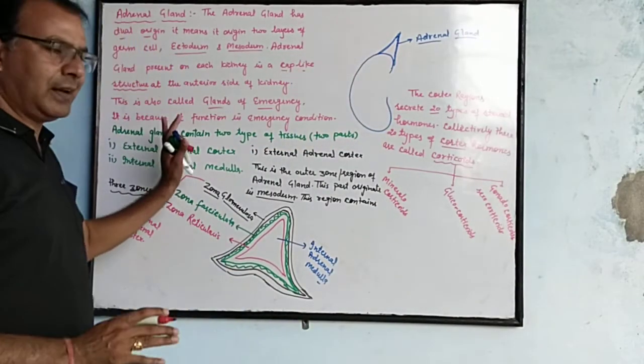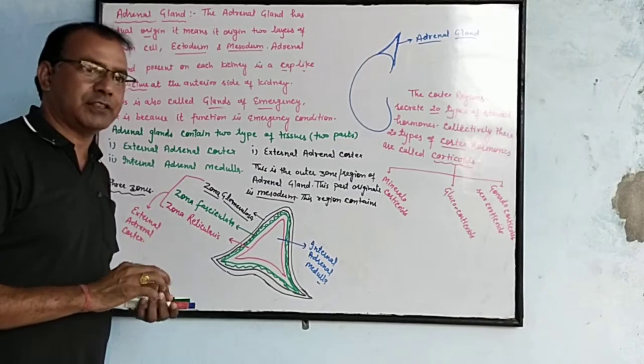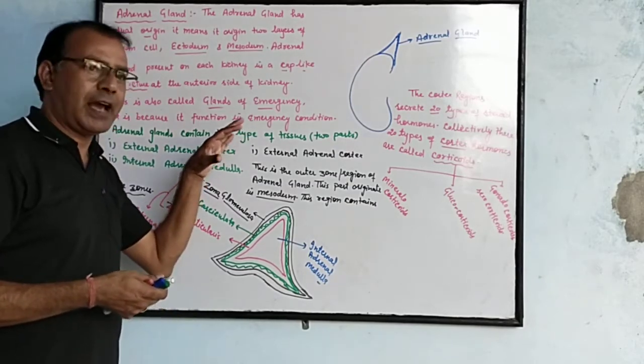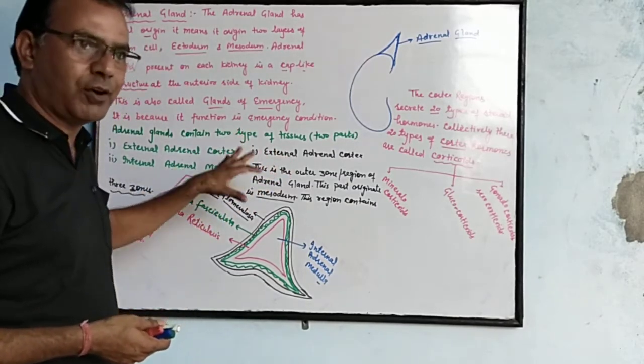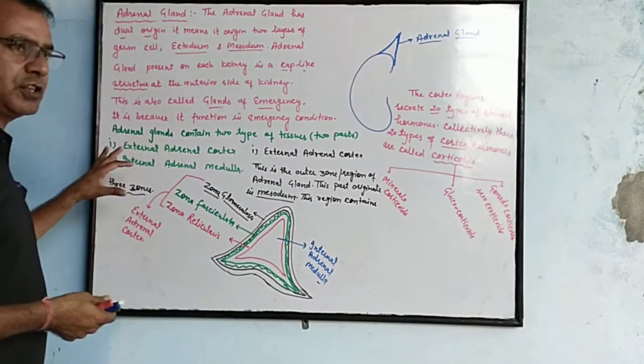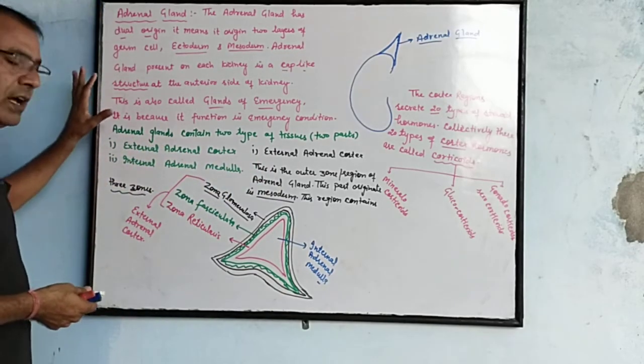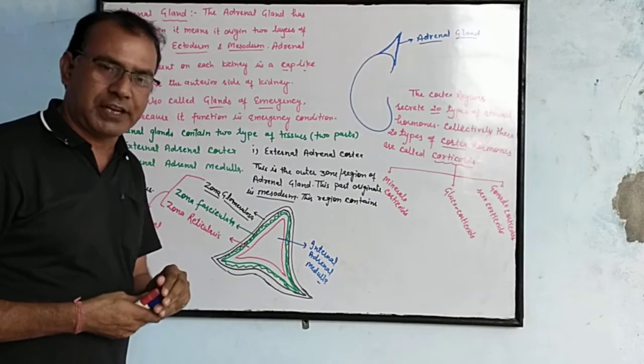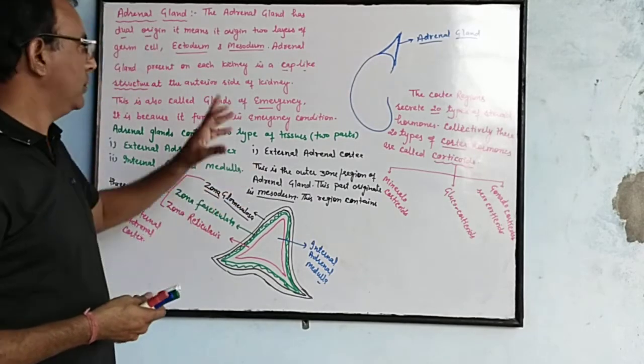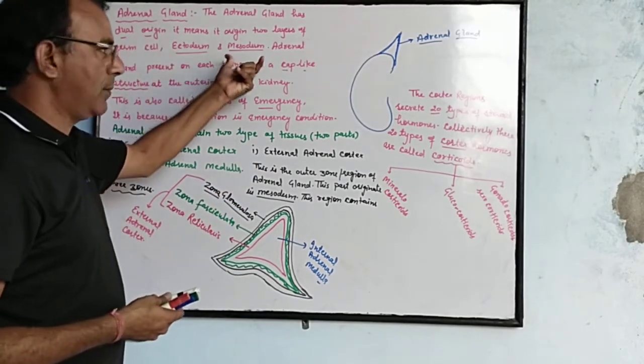The adrenal gland is also known as the gland of emergency because it helps in secreting emergency hormones in emergency conditions, and it is also known for its dual origin. It originates from two layers, ectoderm and mesoderm.